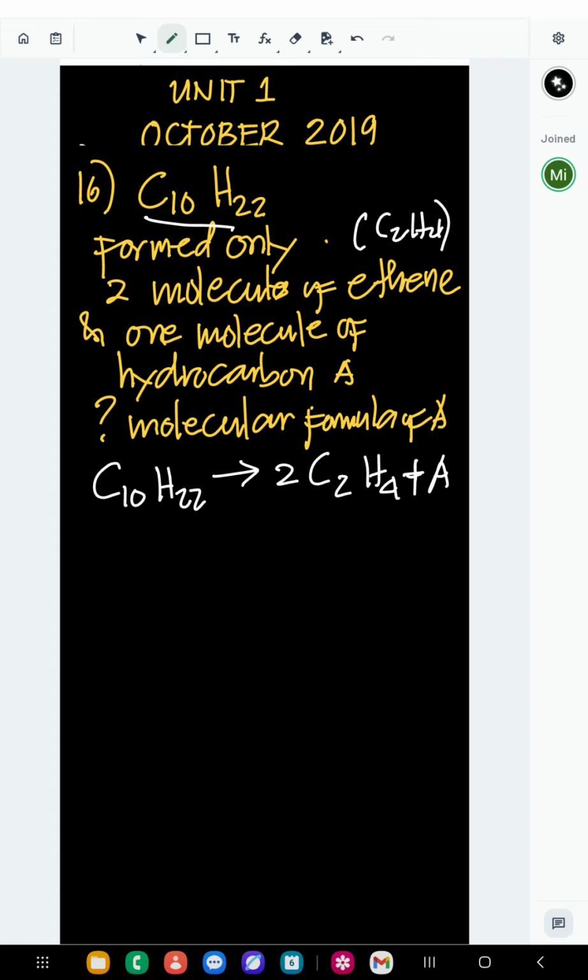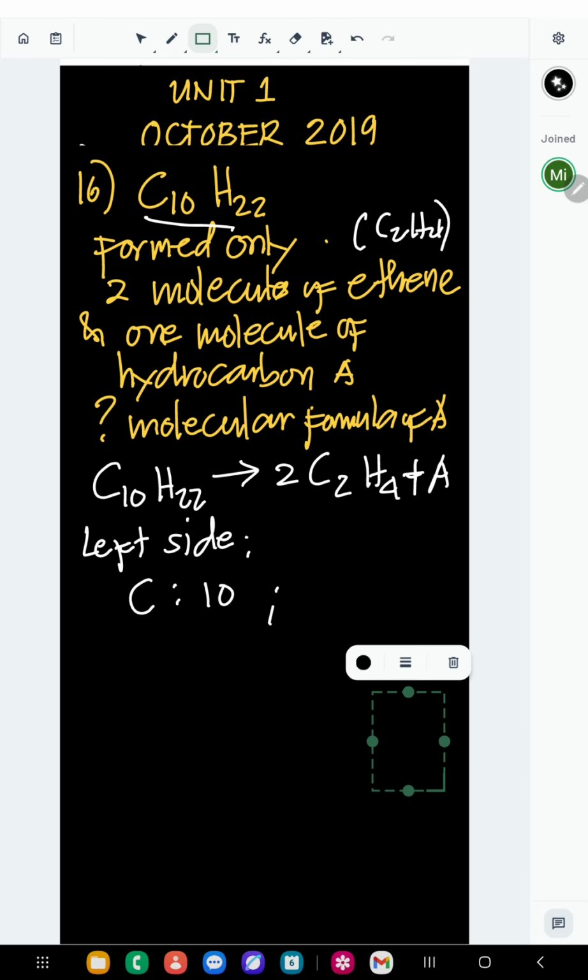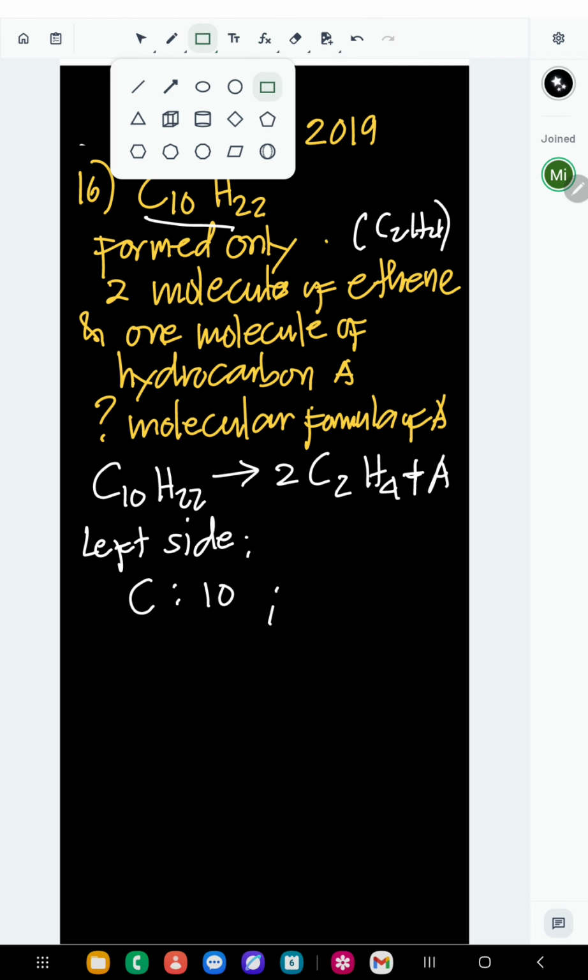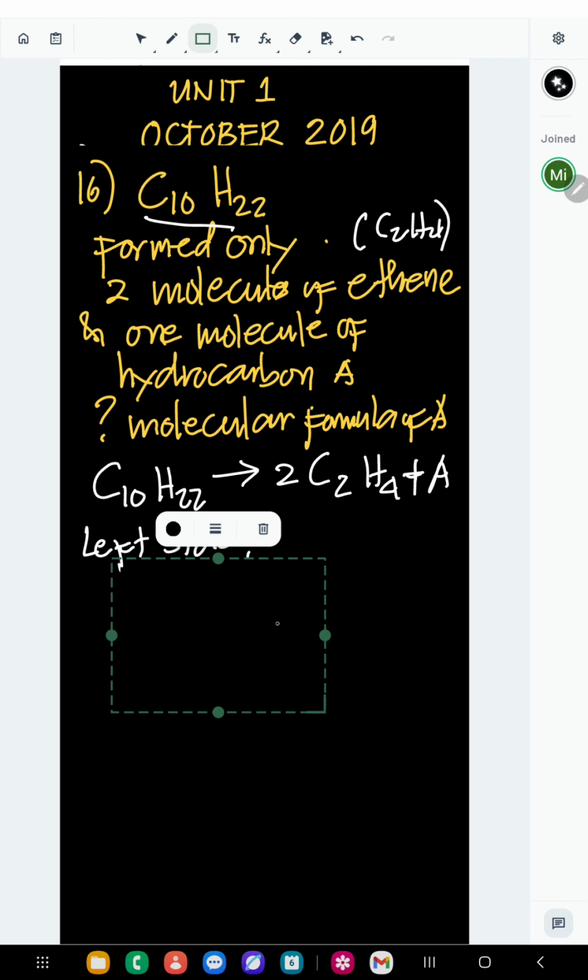So let's start with the elements on the left side of the reaction. On the left side, we have 10 carbons and then 22 hydrogens. We can put all of the carbons together, then all of the hydrogens together, so we can get the number of atoms for each of the elements.